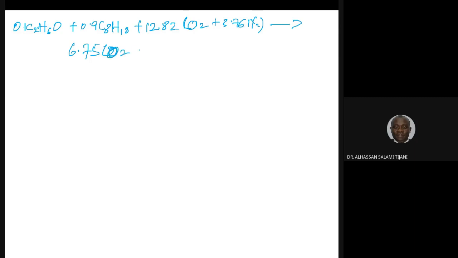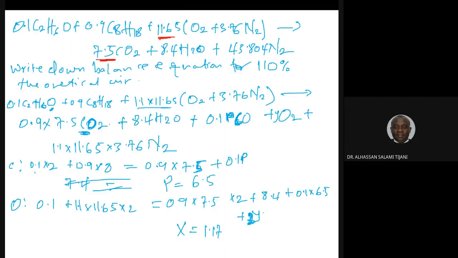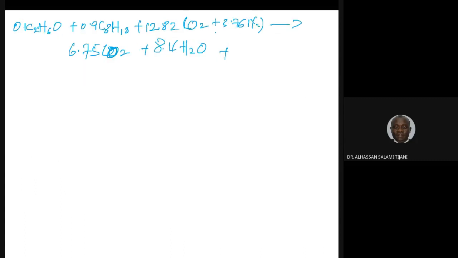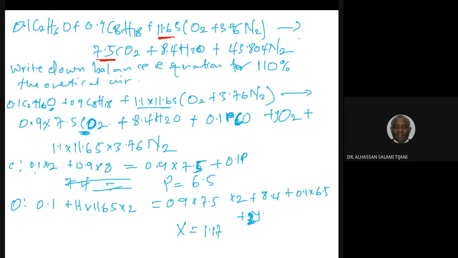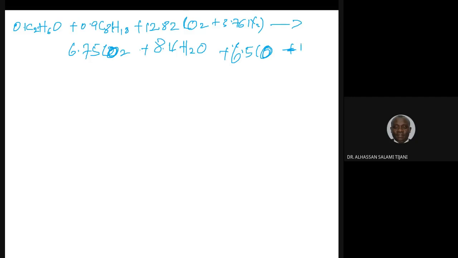Then 8.4 moles of water. Then carbon monoxide gives 6.5 of carbon monoxide, plus oxygen gives 1.17 of oxygen, and nitrogen gives me 48 kilomoles of nitrogen.